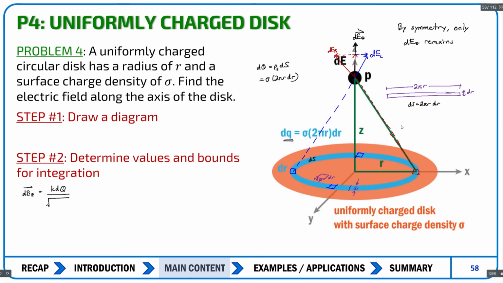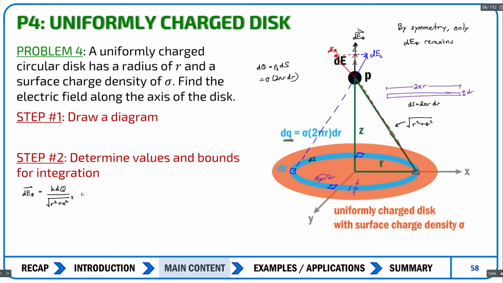We're looking for this distance because that's technically our R, the distance from the ring to point P, and so this is going to be the square root of R squared plus Z squared. And that's what this is. So it's R squared plus Z squared, squared.